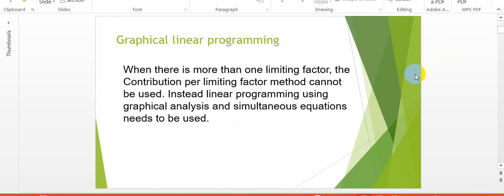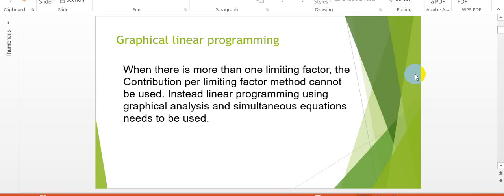So when there is more than one limiting factor, the contribution per limiting factor method that we looked at earlier cannot be used. Instead, we use linear programming using the graphical analysis and simultaneous equations.